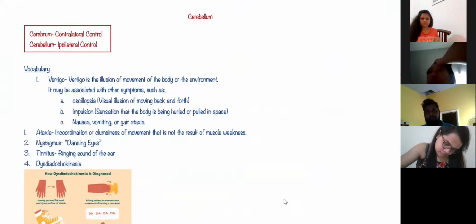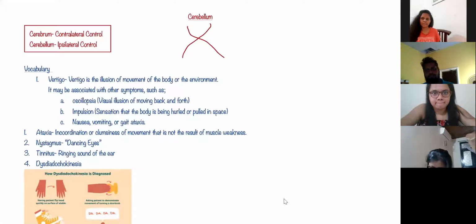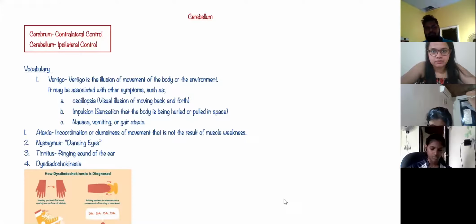If the fibers originate, if it is motor or sensory, from the cerebrum, it is contralateral. There's going to be crossing of the fibers somewhere. But when you talk about the cerebellum, it is ipsilateral control. This is the golden rule for today, which you will need for case discussion. I hope you guys understand that.